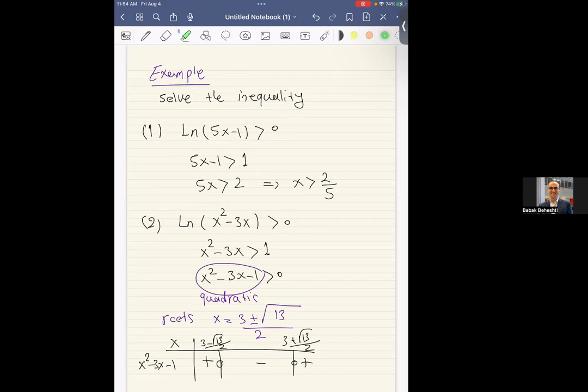So what I'm looking for is the positive solutions. That means it should be this region and this region, right? So that means x must be either greater than (3 plus the square root of 13) over 2, or x less than (3 minus the square root of 13) over 2.